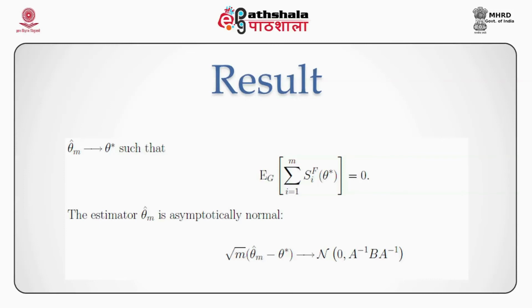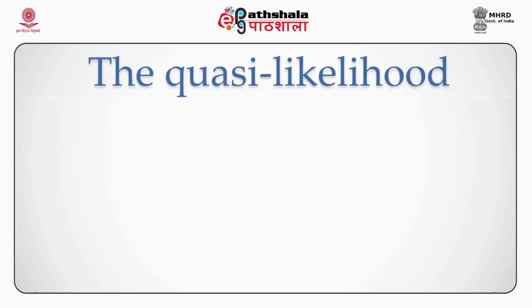That is some value of theta star which satisfies this condition, and further that the estimated theta m hat obtained by solving the score equations for f, even though the true distribution of the data is not specified by f, can be shown to have an asymptotically normal distribution with root m (theta m hat minus theta star) tending to normality with mean 0 and A inverse B A inverse variance covariance matrix for suitably defined A and B. The quasi likelihood stems from this assumption.